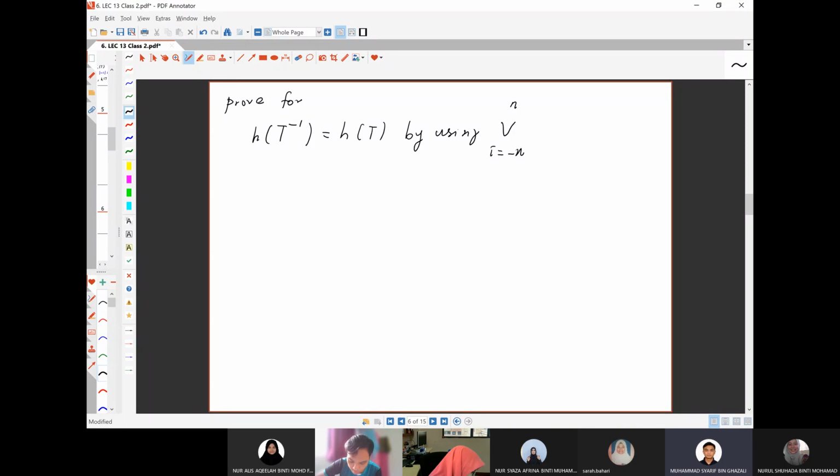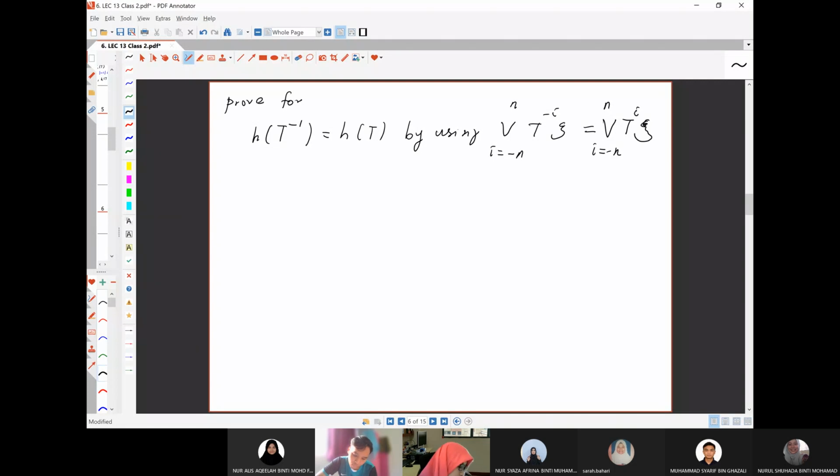The join set is for negative n: from minus n to n, T to the power i of psi.